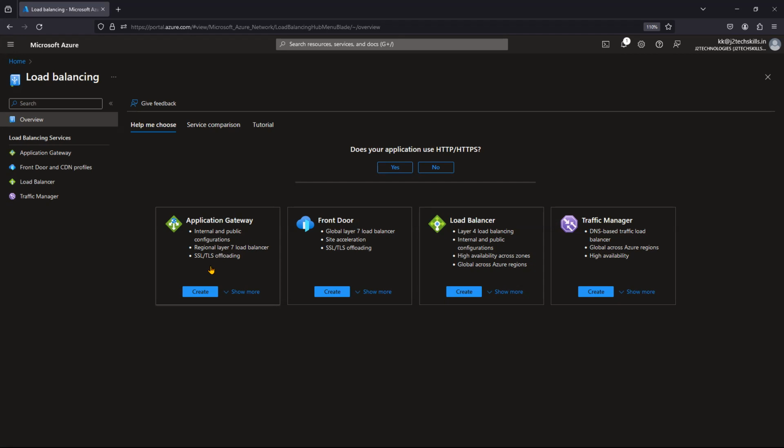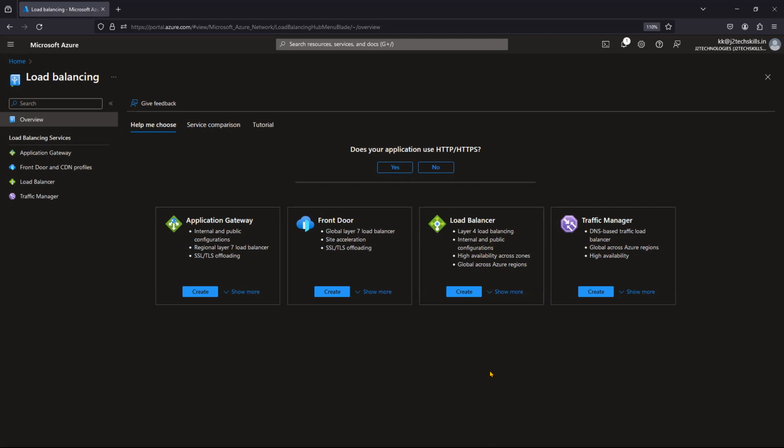These are the general differences for Application Gateway. Coming to the regional Azure Load Balancer, it is a layer 4 load balancer, that means the transport layer in the OSI model. This can also be used for internal and external purposes, within the organization and over the internet.